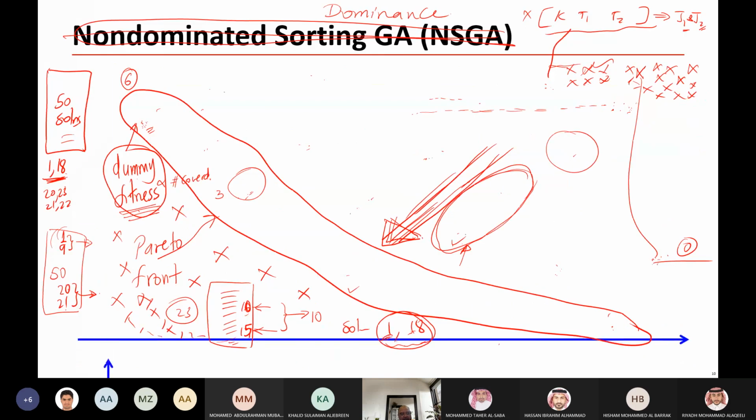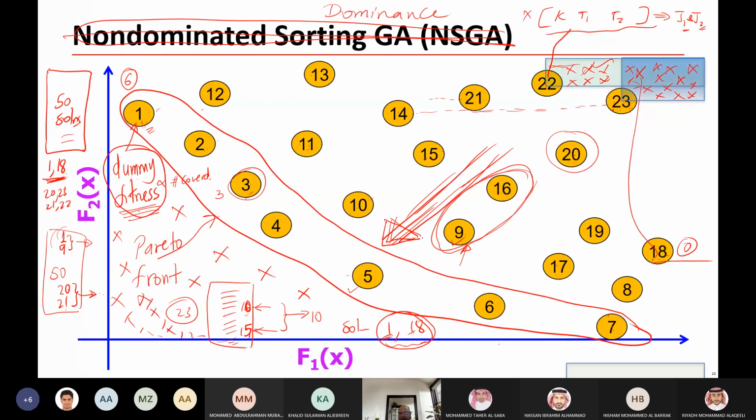And we introduced also this example, so that you can see here 1, 2, 3, 4, 5, 6, 7 are the non-dominated solutions, non-covered, and these are the solutions that we are targeting to get. As you know, the output of the multi-objective optimization technique is not a single solution, but a set of solutions.